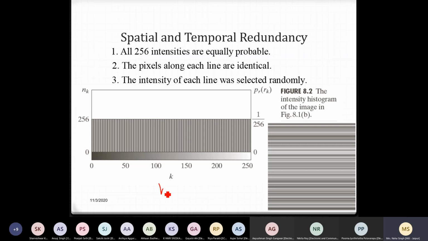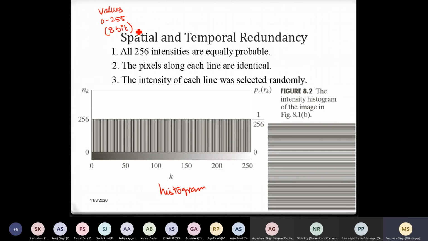This gives me the histogram, which simply says that every gray level has an equal number of pixels allotted to it, with probability 1 upon 256. So I use run length coding, and I simply say that I have all the values which vary from 0 to 255. I will use an 8-bit representation for these values, right?